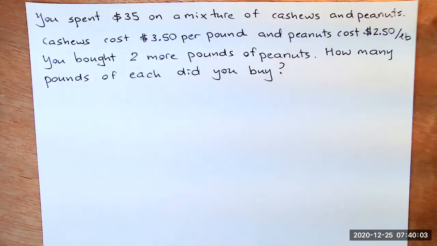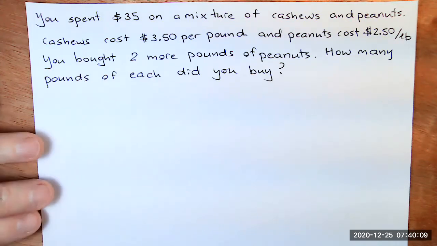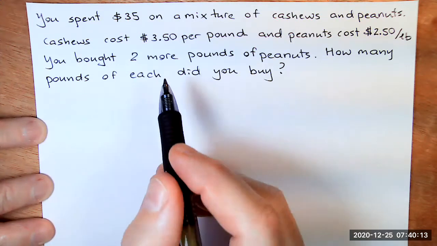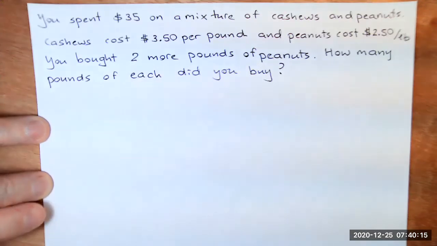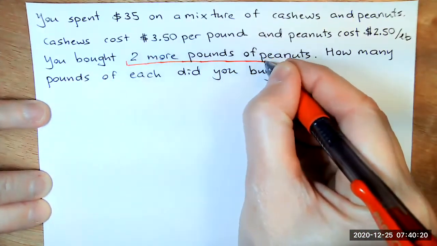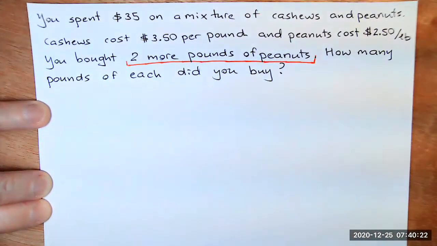All right, before we do anything else, let's name your variable. So we're looking for the pounds of cashews and the pounds of peanuts. Now, the number of pounds of peanuts is being used in this description of the pounds.